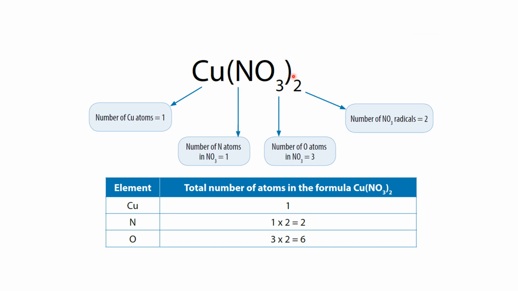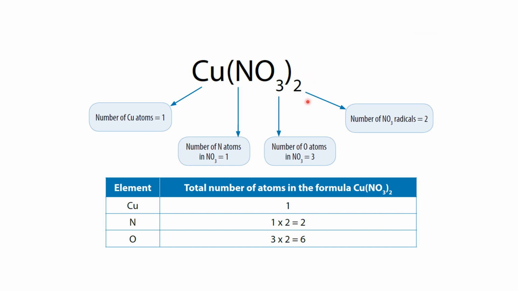The subscript 2 shows that there are 2 nitrate radicals in the formula. This subscript is placed outside the brackets. Note, in a formula, if there is more than one radical unit, then the radical is placed between brackets and the subscript is placed outside the brackets.